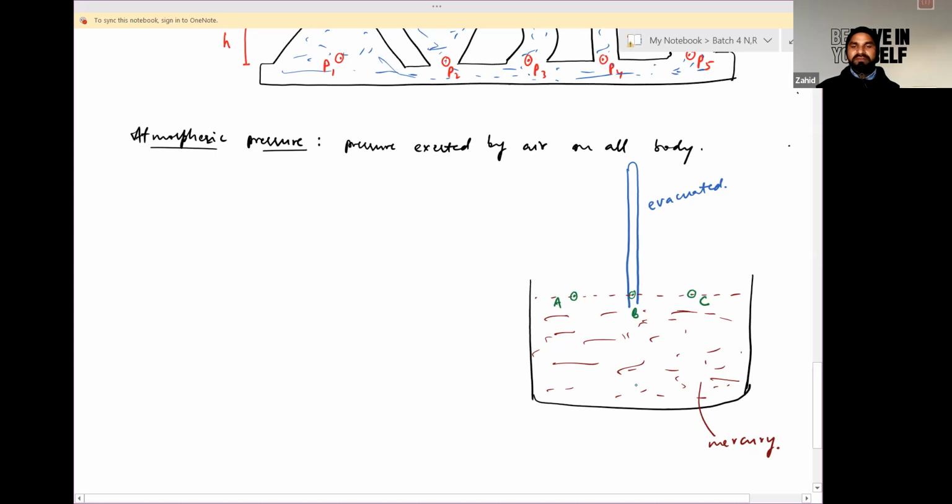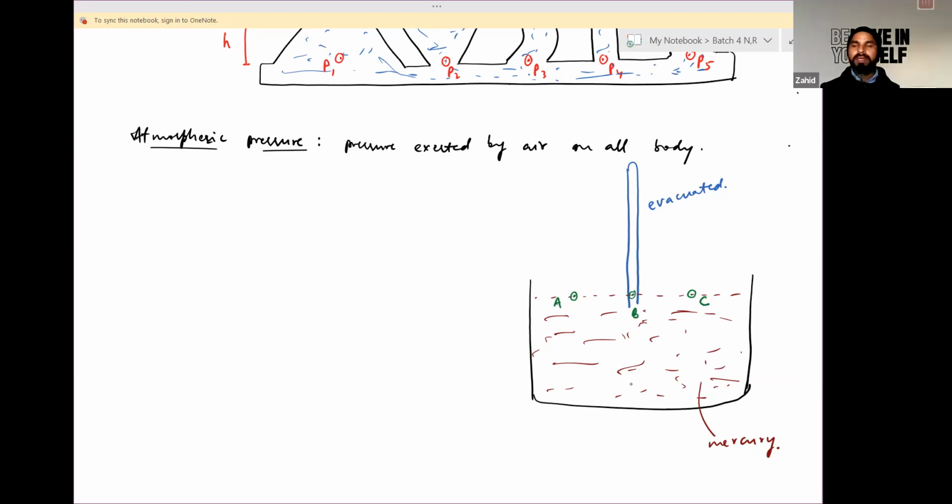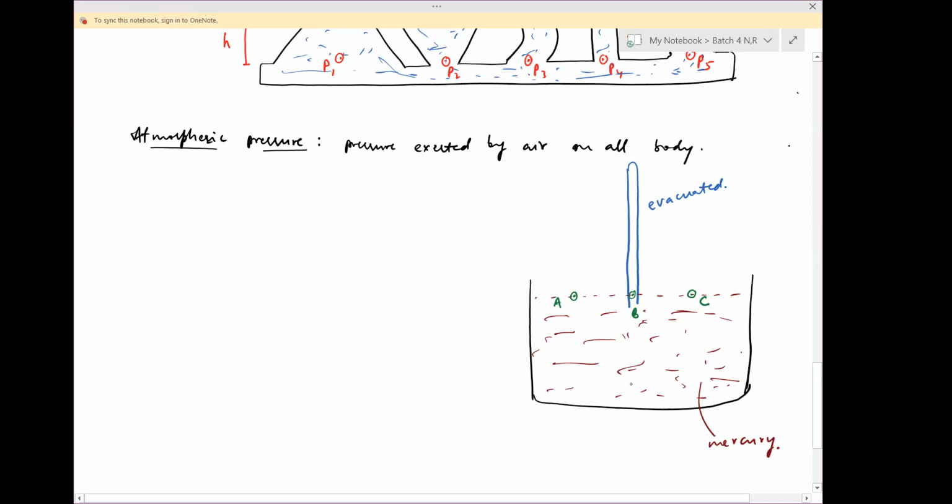If I ask you to define pressure at points A, B, and C, will they be equal or different? Nabila, pressure at point A, B, or C will be equal or different? It would be different, sir.